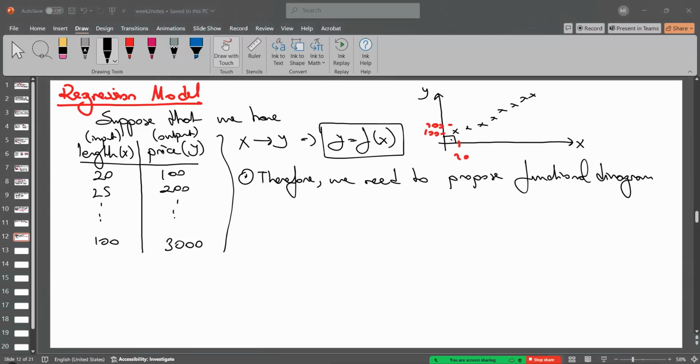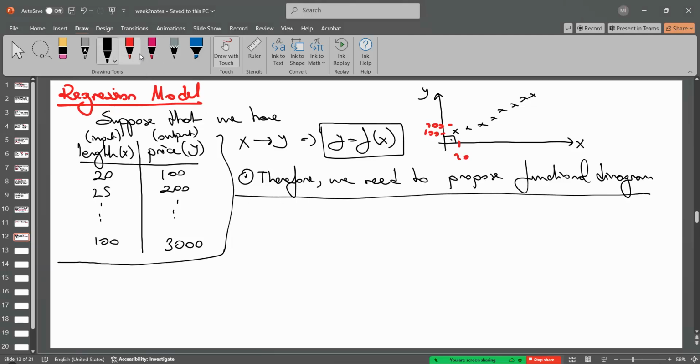For example, if we have these propositions in here, first of all we have the model, which we call h, and also this h is fed with the length value. Okay, and this generates the output of the price in here. Okay, and so in order to learn this h, we need to apply the learning algorithm in here.